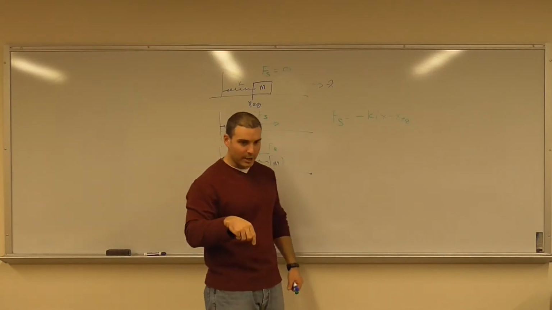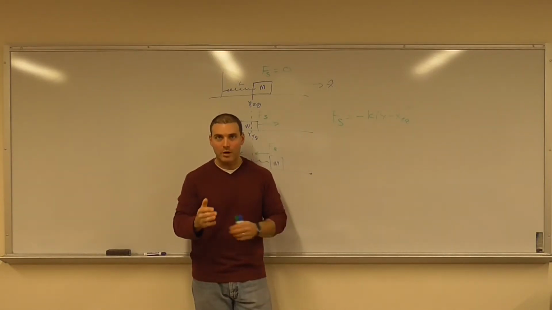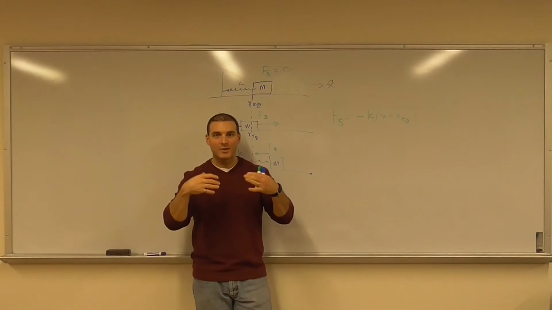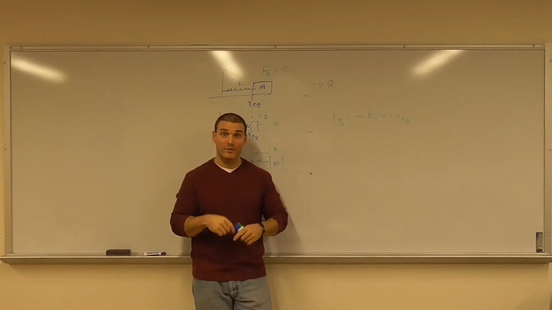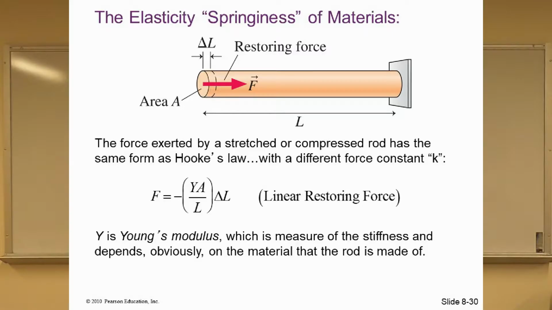Now the next topic, which is really an application of springs, is Young's modulus. This is really interesting because we have an opportunity to look at real materials. When you think about springiness of materials, I want you to think about this example. We have a rod here. We have some kind of a restoring force.